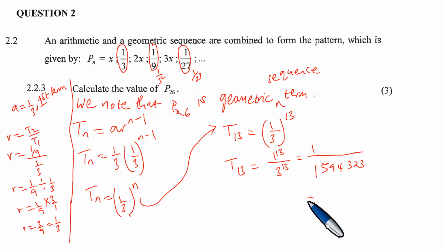And this can be written in scientific notation because you're a science student. So it is 6.27 times 10 to the minus 7.